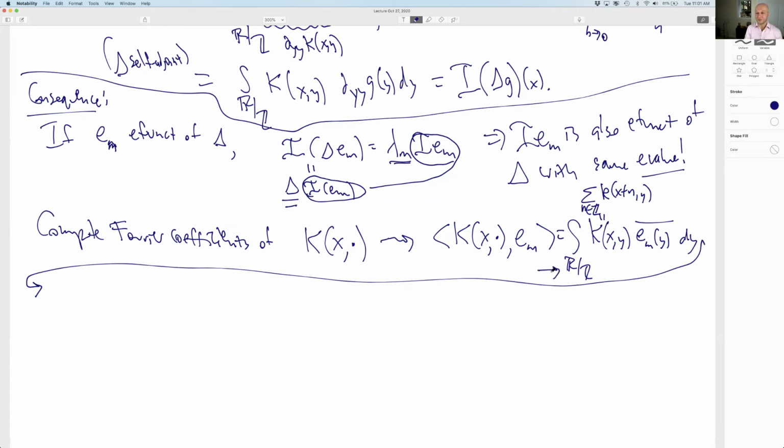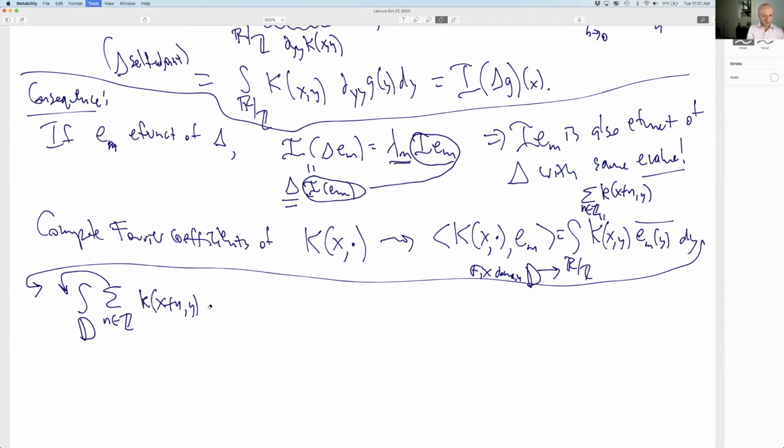So we'll fix a domain, let's call it D, for R mod Z. Now we can integrate over this domain, open up the definition, and pull the sum out. Let's do it one step at a time, but in a second I'm about to pull the sum out of little k of x plus n, y, which is E sub m of y bar dy. Does that make sense?